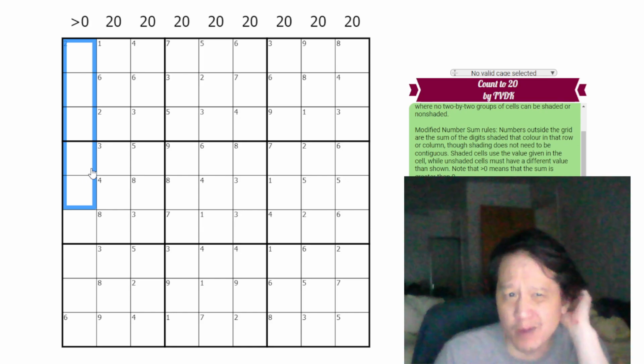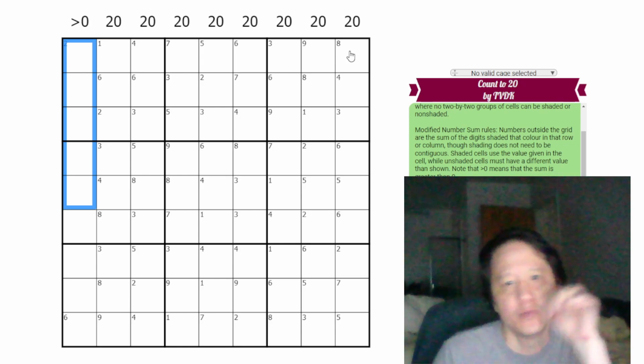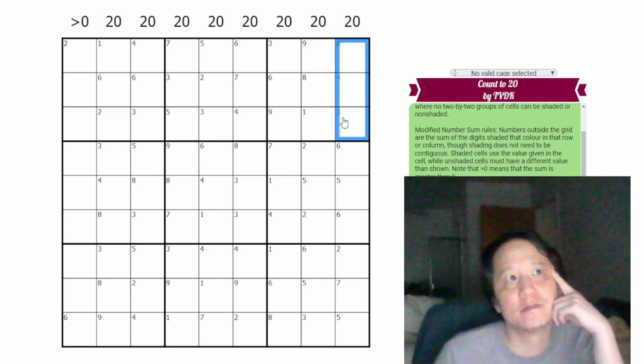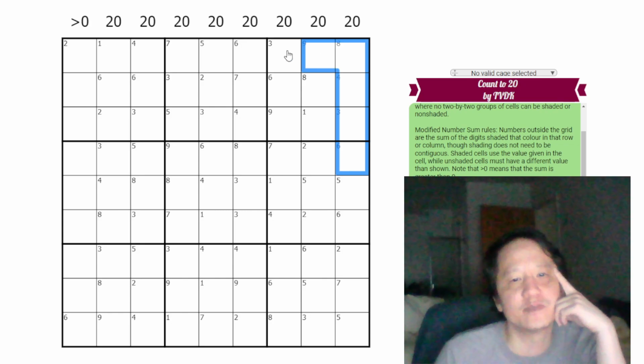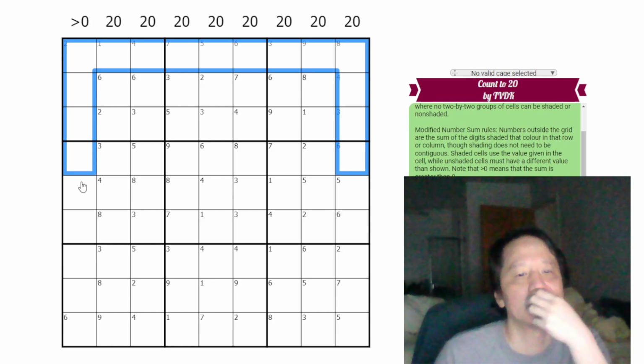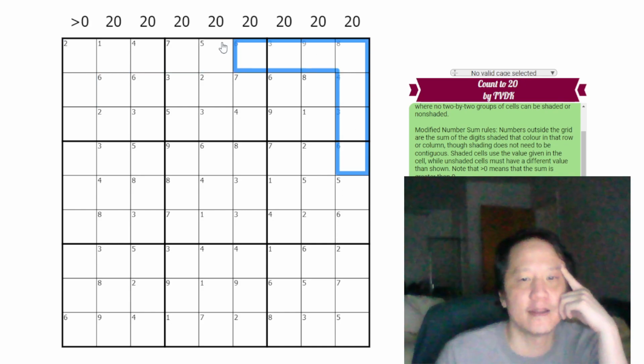It's probably all of them, would be my guess, though that's not necessarily given. There has to be shading here and then some shading here. So it could be adding up to here, or it could be adding up to here, or it could be both.